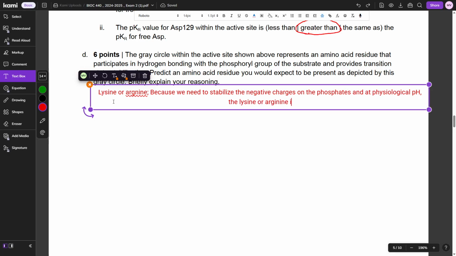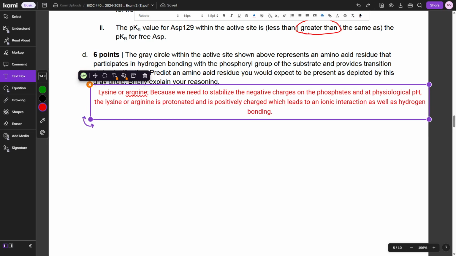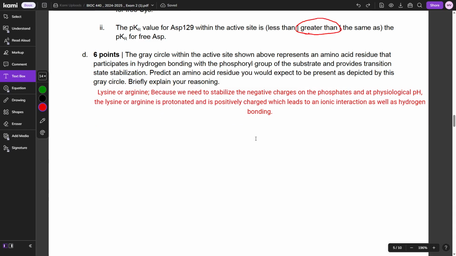I spelled it wrong. It is protonated and is positively charged, which leads to an ionic interaction as well as hydrogen bonding. Something like that. Keep spelling arginine wrong. Make sense?